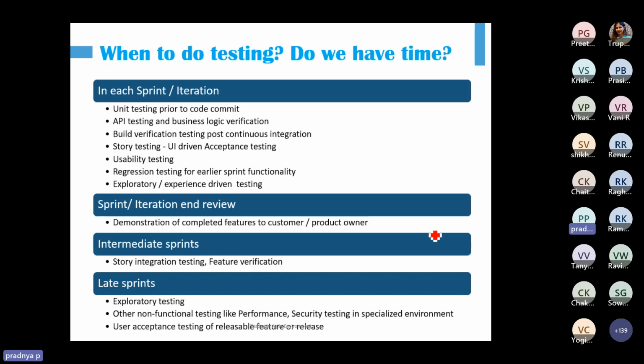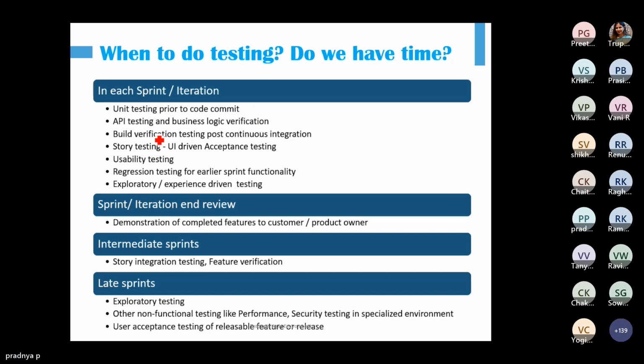For example, you are developing some business logic, you are developing some UI related pilots. So in every iteration, we need to ensure that we are involved in doing the testing which is focused for that iteration scope, right?